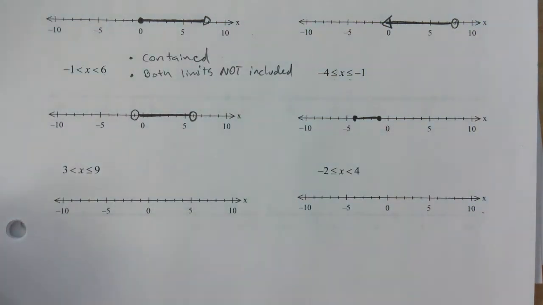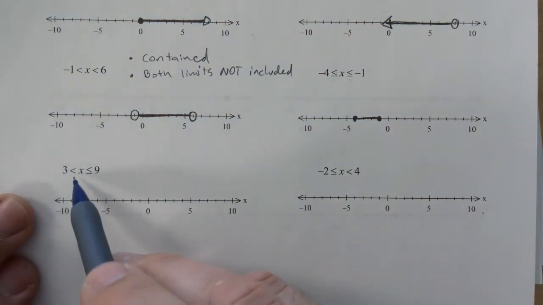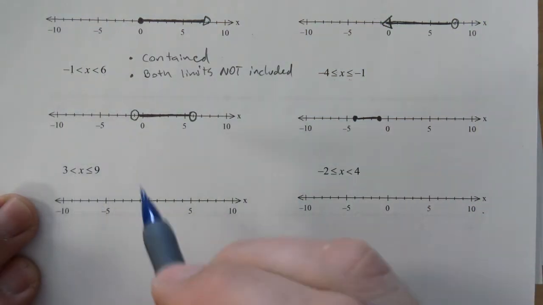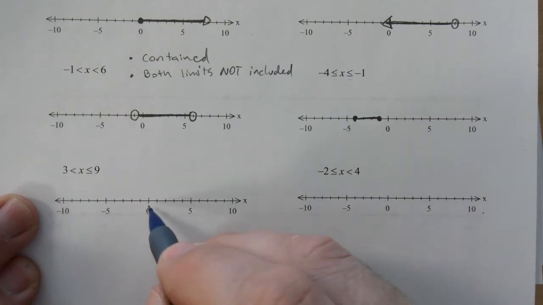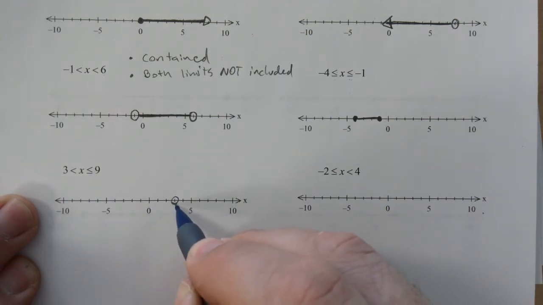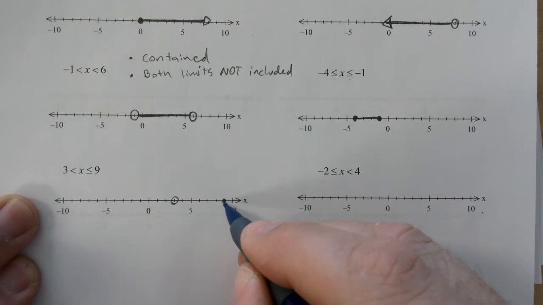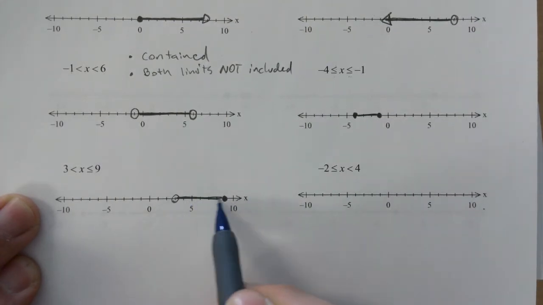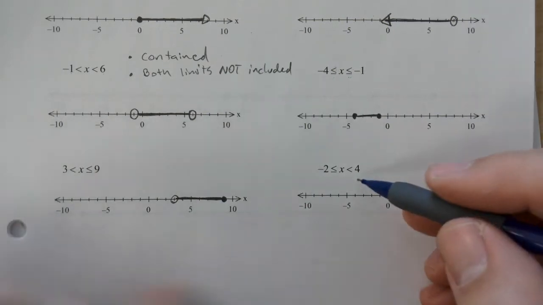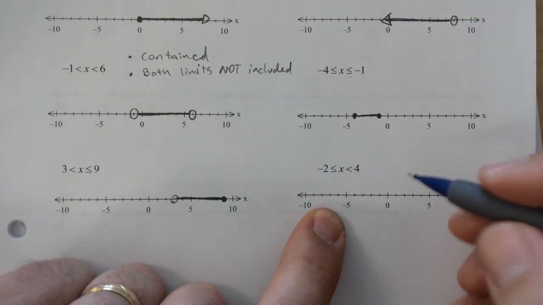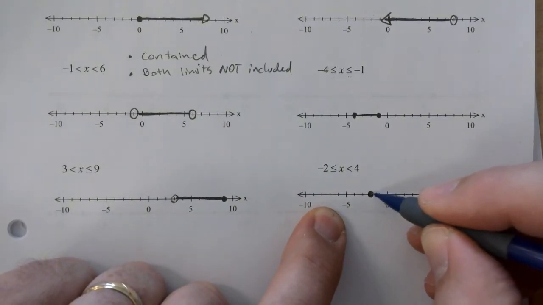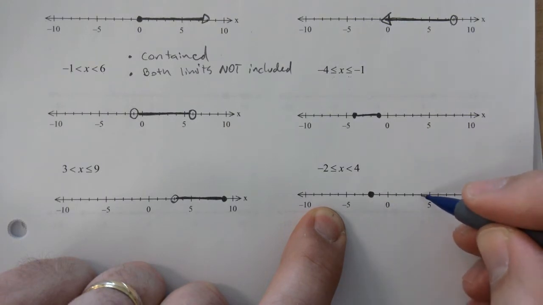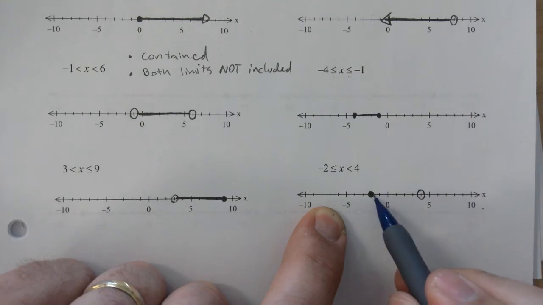Okay. Here, it's open at 3, and it's solid at 9. And you connect them. Here we are solid at -2 and open at 4, you connect.